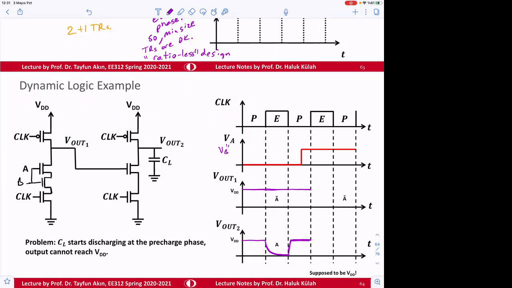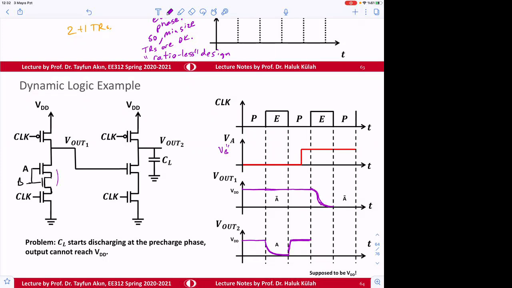So this is supposed to be discharged, but this will be delayed, maybe a little bit late. Why?